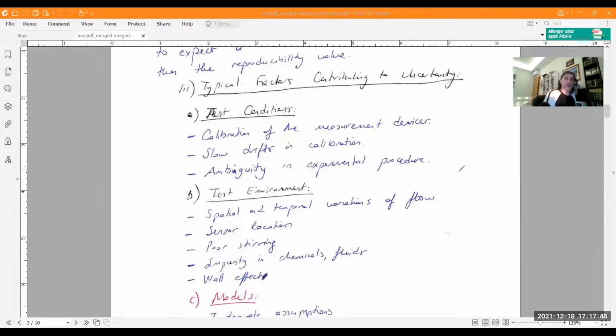So the very important point here is the calibration of the measurement devices. These should have been previously correctly calibrated, such that there is no bias in the measurements. So this is the calibration.